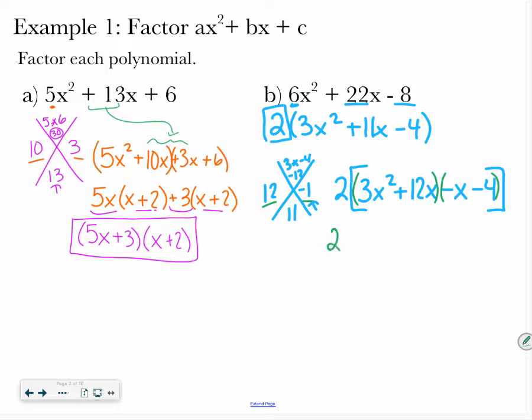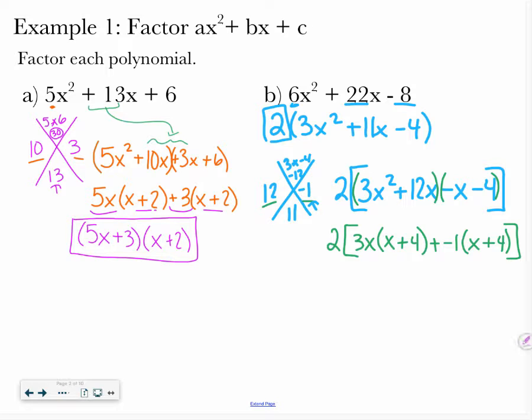So I have 2, and then I can pull out a 3x from my first set of parentheses, because 3x squared and 12x have 3x in common. So I'm left with x plus 4, and then I have a negative x minus 4, so I'm going to pull out a negative 1, so I'm left with positive x plus 4 inside my parentheses.